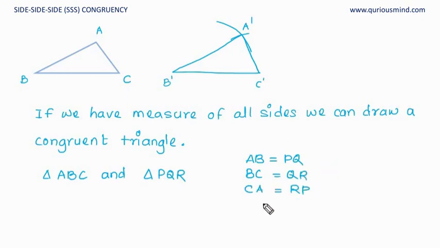So out of the 6 elements which we saw in our earlier video, it is given that only the 3 sides are of equal length. And this is a sufficient criterion for me to decide that triangle ABC is congruent with triangle PQR.